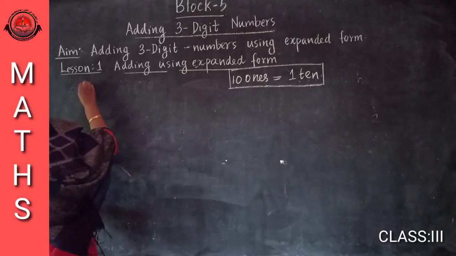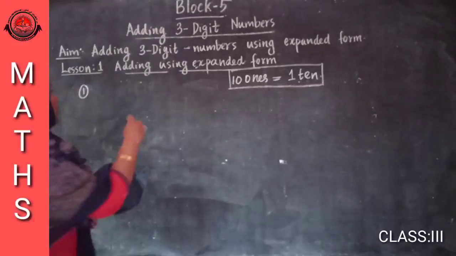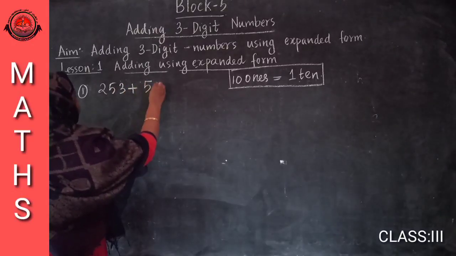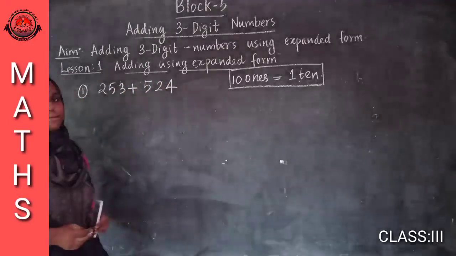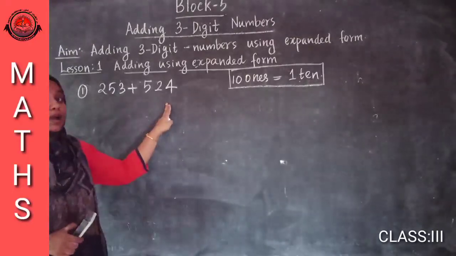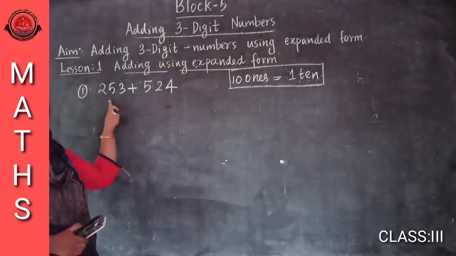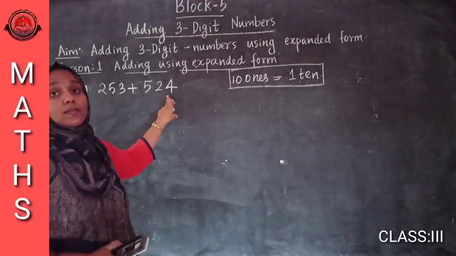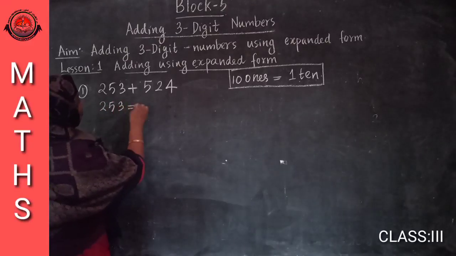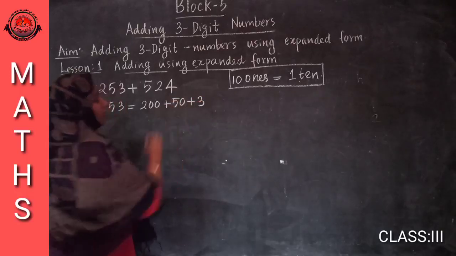Question number 1. First we can discuss one question: 253 plus 524. What is the first step? We have to write the expanded form of this 3-digit number and also this 3-digit number. 253 is equal to 200 plus 50 plus 3.